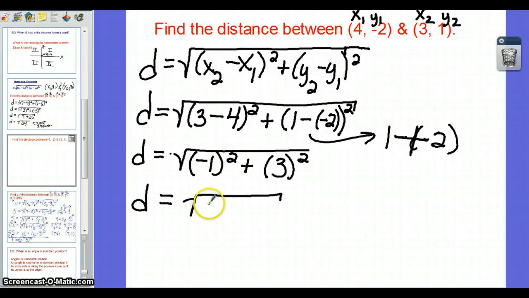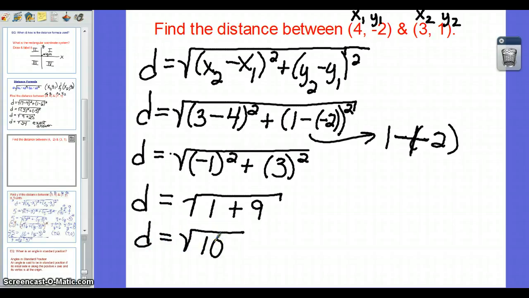Remember, to square something means to take that number times itself. So negative 1 times negative 1 is positive 1. And my second number to square is 3. 3 squared is 9. I can add what's inside. 1 plus 9 is 10. So our answer is square root of 10. That is how we use the distance formula.